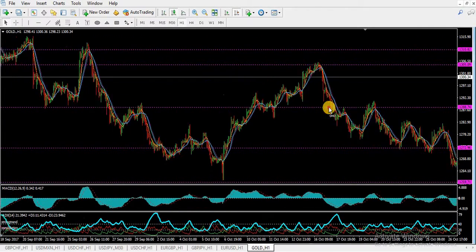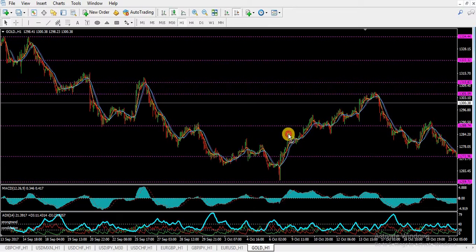Why is it that I can't find a nice zone to trade today? Is it because I didn't enter those trades?